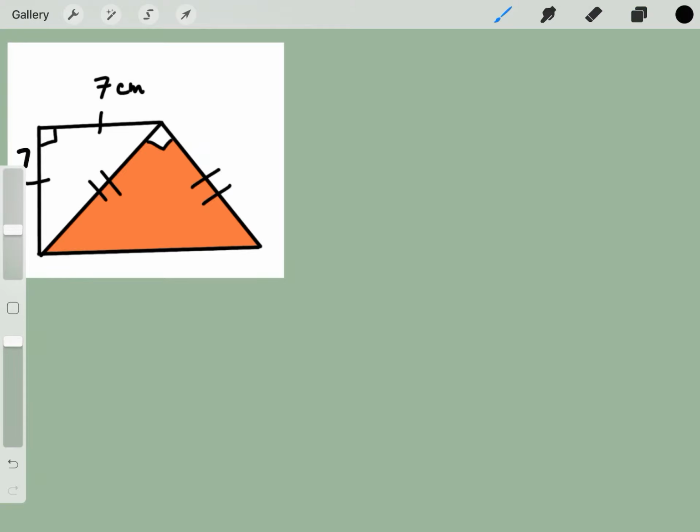Using that, we would know this other side is 7. And if we remember that special triangle relationship of 45, 45, 90 triangles, we know this side is going to be, whoops, I don't know why I said 4. 7 radical 2. Now, the orange triangle is also what type of triangle?